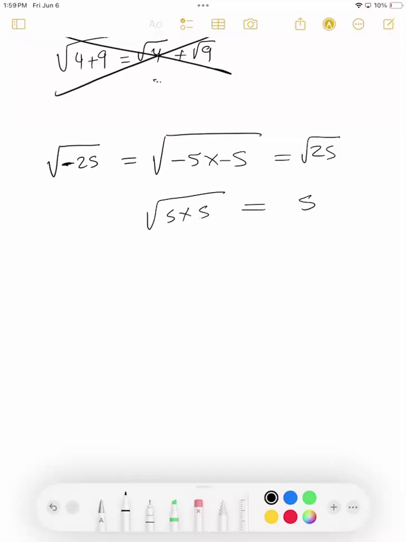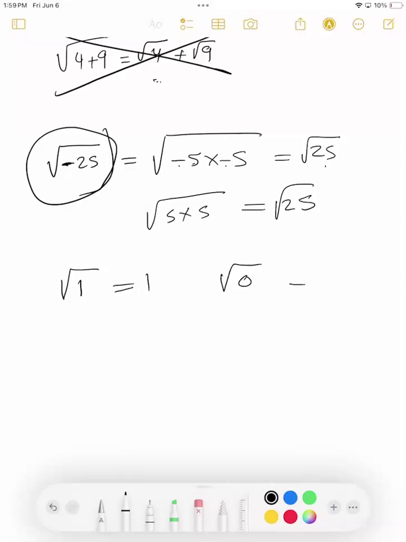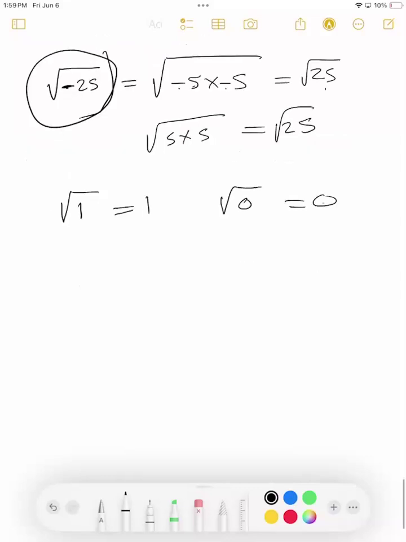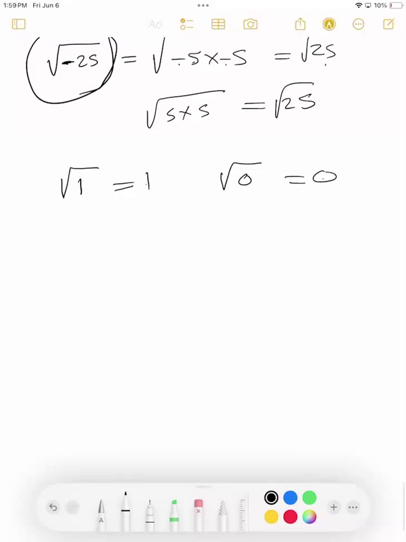So if I have a negative and negative, I get positive. But if I have a negative 25, that means one is negative, one is positive, so we don't have an answer for that. That's undefined. The square root of 1 is 1. The square root of 0 is 0, because 0 times 0 is 0. 1 times 1 is 1. But if you have a negative 1, the answer is undefined.